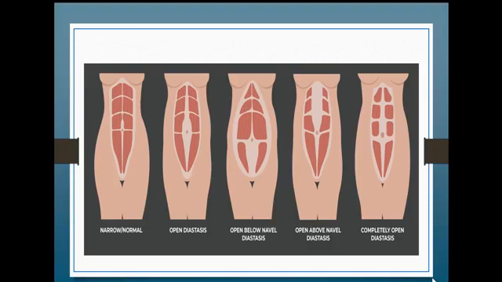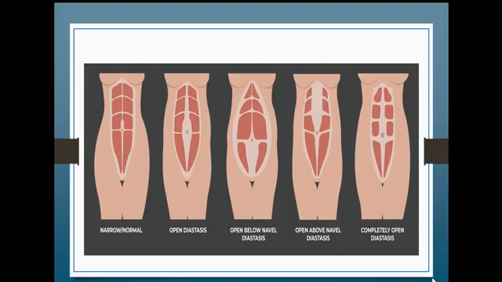Picture 1 shows the normal rectus abdominis muscle. In picture 2, you can see the separation at the level of the umbilicus. In picture 3, you can see the separation below the umbilicus. And in picture 4, you can see separation above the umbilicus.